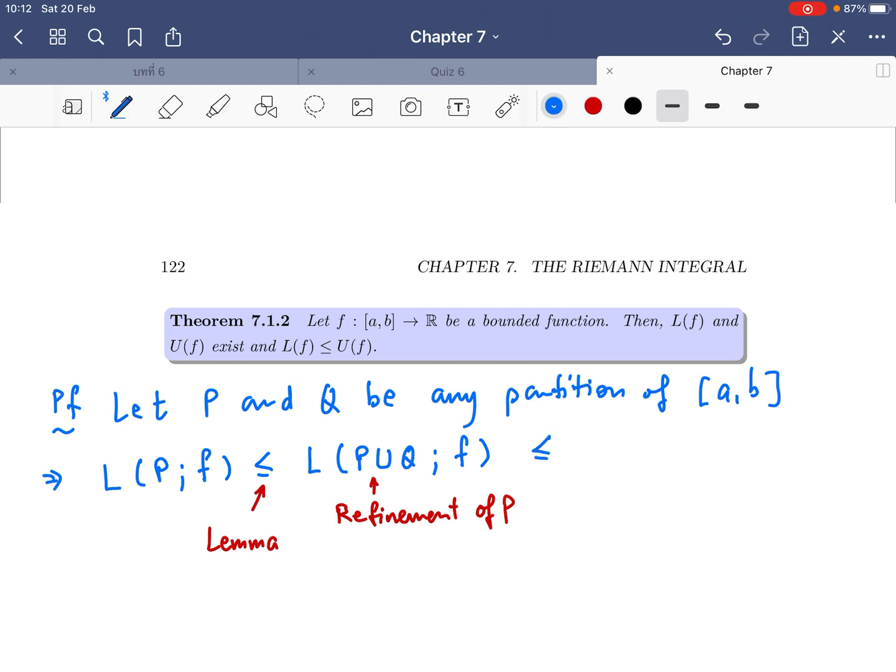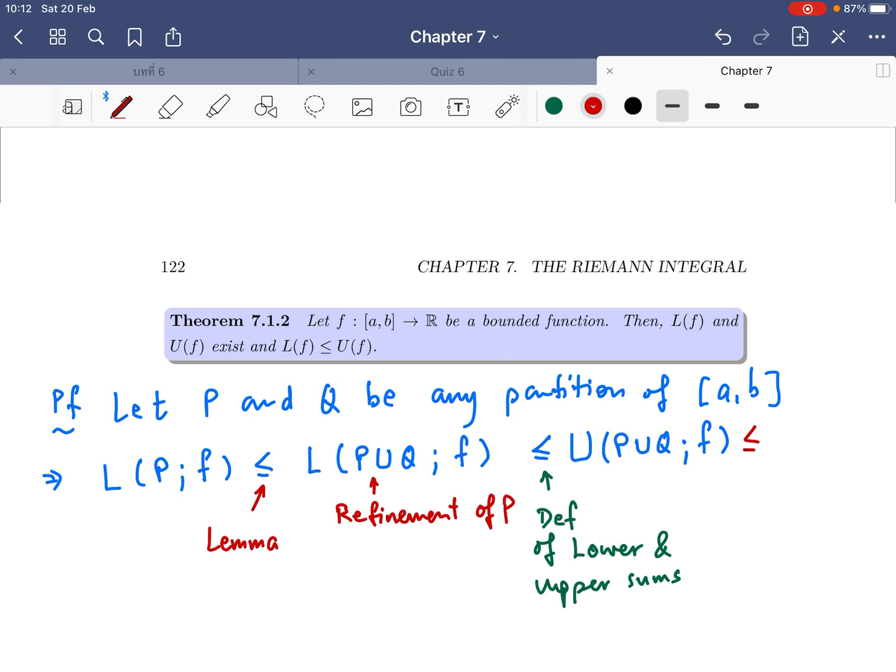And then by the definition of the lower sum and the upper sum, because the lower sum depends on the infimum of the function over each interval, but the upper sum depends on the supremum of the function in each interval, directly from the definition of the lower sum and the upper sum, we get this inequality immediately.